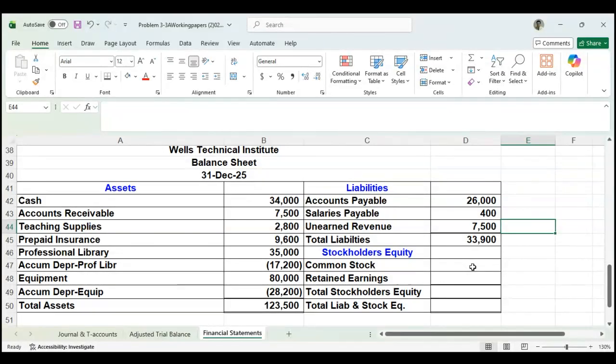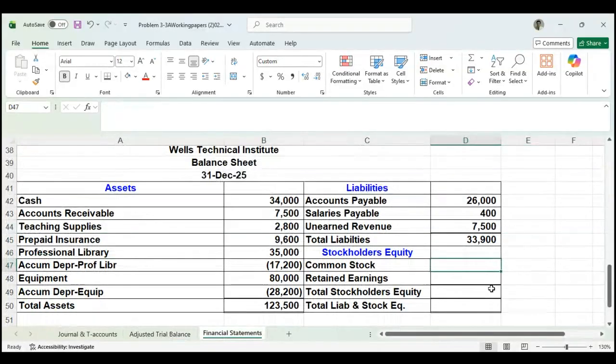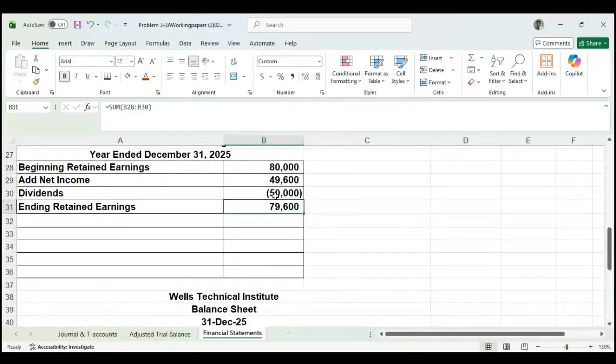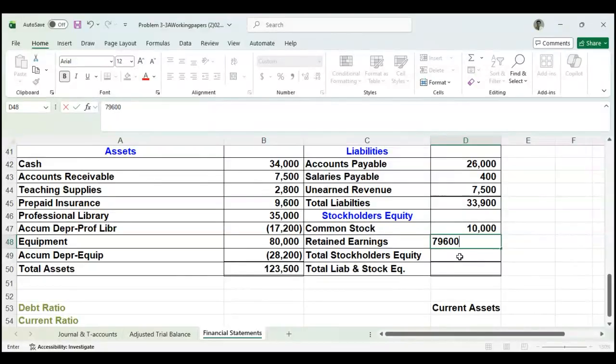Okay? And then our common stock was $10,000. And remember, our retained earnings we're going to take from our statement of retained earnings up here, right? Not the old one. Okay, we have the new one now of $79,600. So our total stockholders' equity is going to be $89,600.